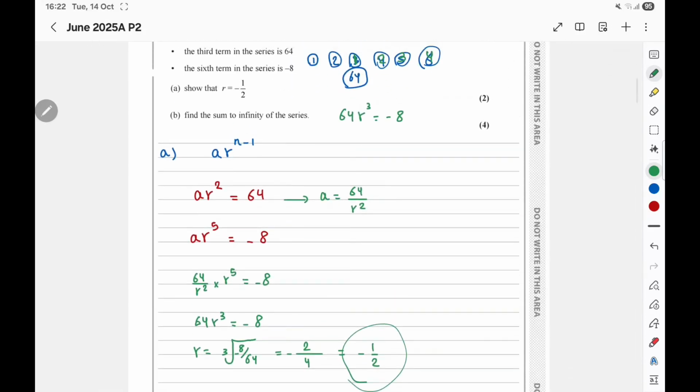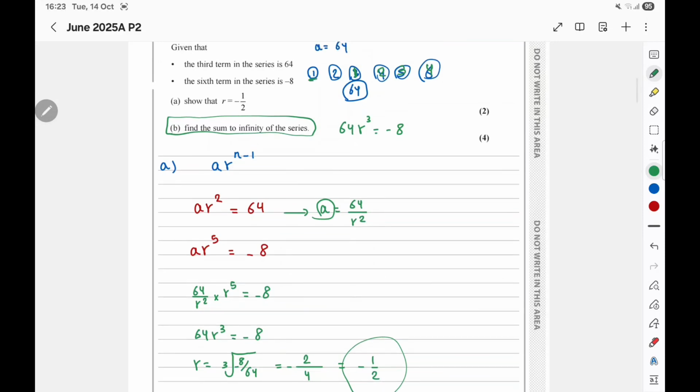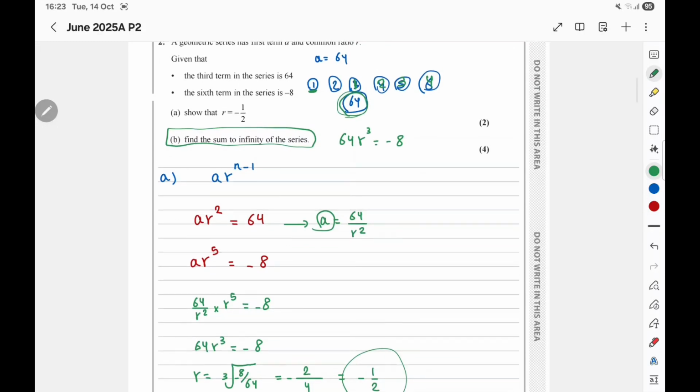But don't forget to go back and find the A for part B of the question. Find the sum to infinity. I have to use the original A, the first term, because if someone substituted A by 64, it will give a wrong answer.